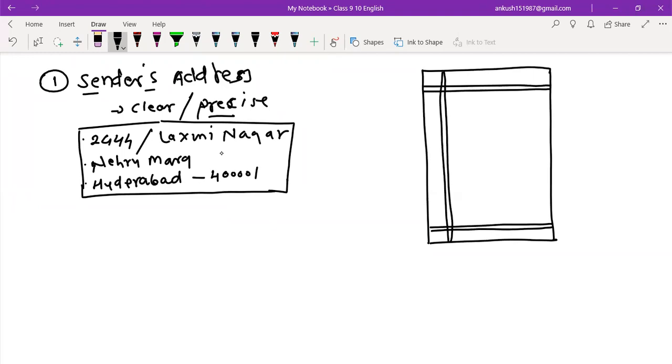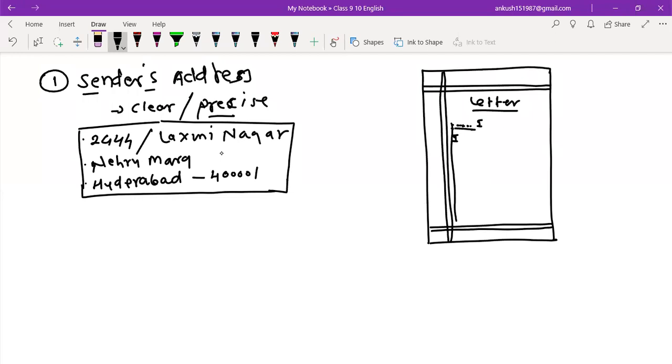Now, whenever you write anything, suppose you are writing a letter over here. The first thing that you have to keep in mind is that everything you are writing should start from nearby the margin. Don't leave the indent. I should not start from here, I should start from here itself.